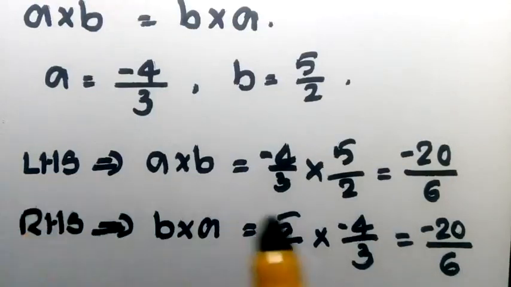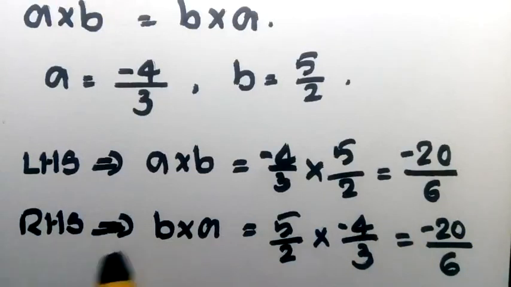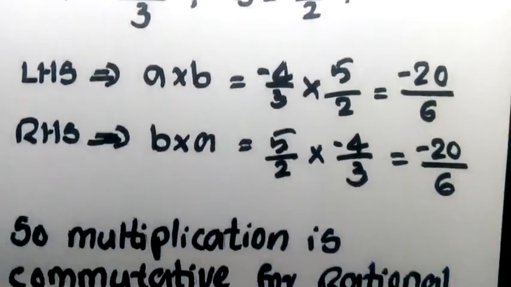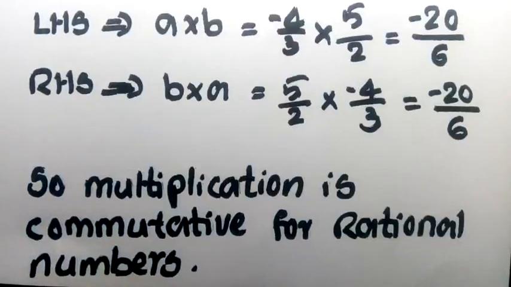So for LHS also we got the answer minus 20 by 6. The answer for RHS also minus 20 by 6. So LHS equal to RHS. That is a into b is equal to b into a. So we can say multiplication is commutative for rational numbers.